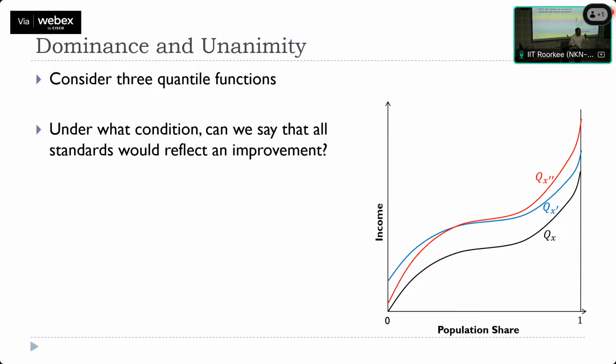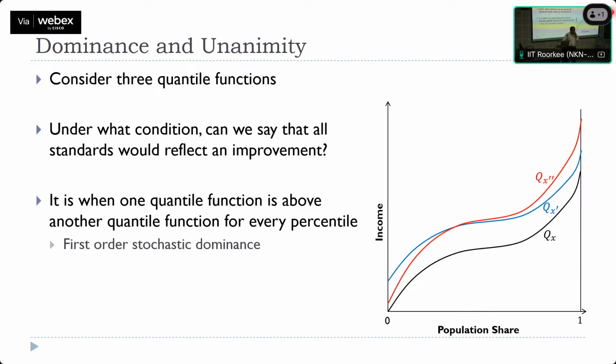If one quantile function is above another, it does not matter which you choose, general mean 0, general mean -1, Sen mean, everything will show you an improvement. This is called dominance and unanimity. That means all measures would agree that one distribution is better. It is when one quantile function is above another quantile function for every percentile.